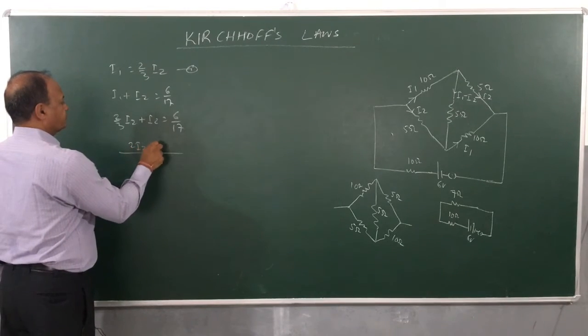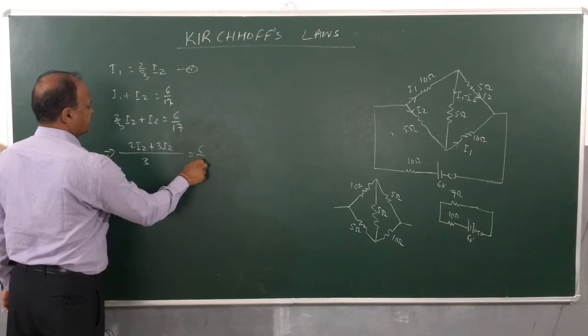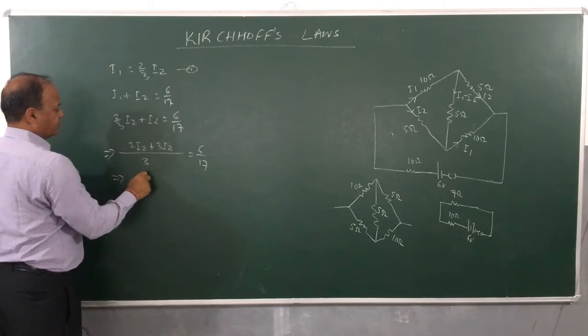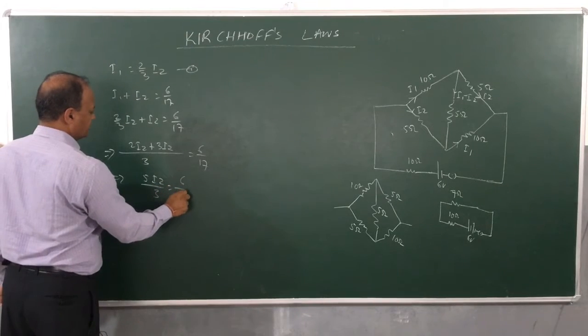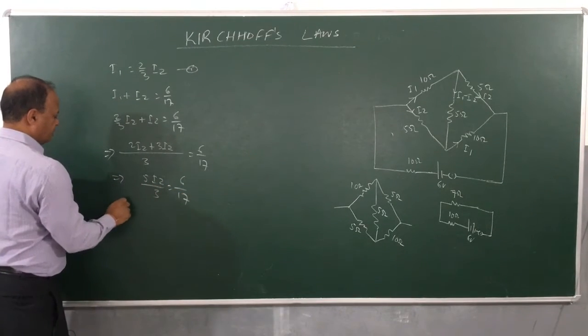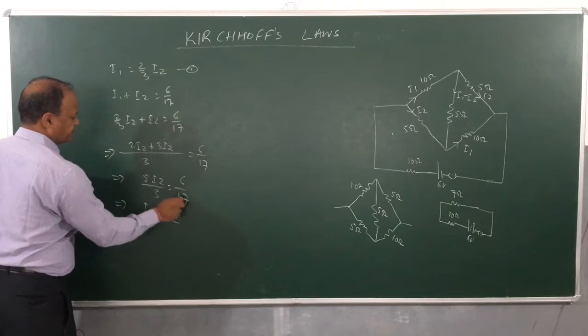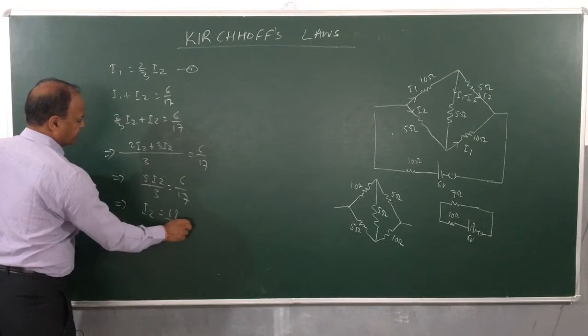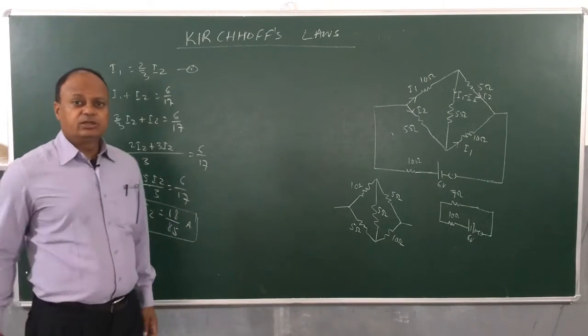2 I2 plus 3 I2 by 3 equals 6 by 17. So children, 5 I2 divided by 3 is equal to 6 by 17. We solve it, then I2 becomes 18 divided by 85 ampere. So children, we got how much is I2?